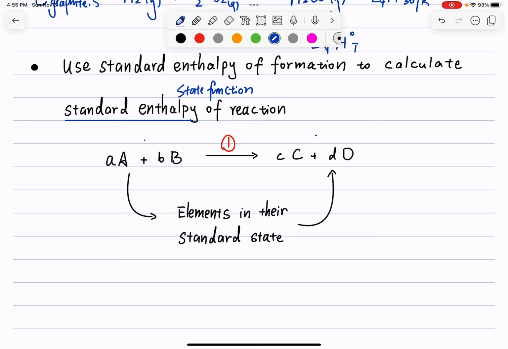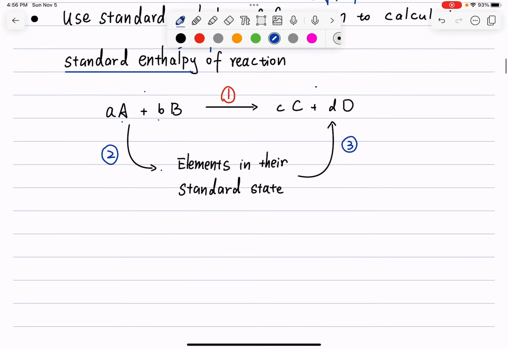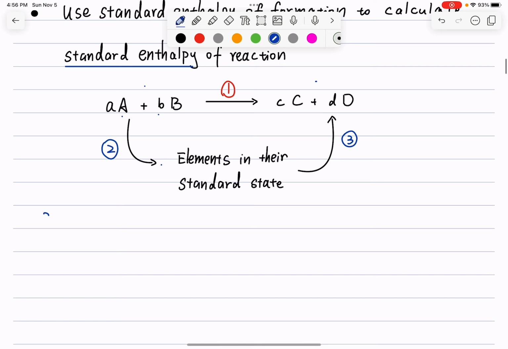So let's build a hypothetical path where your reactants first go to their elemental state, and your products are then formed from their elemental state. When aA and bB go to their elemental state, we're talking about the reverse of the standard heat of formation.